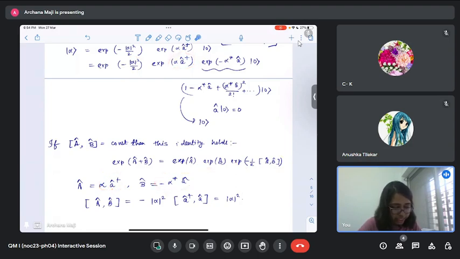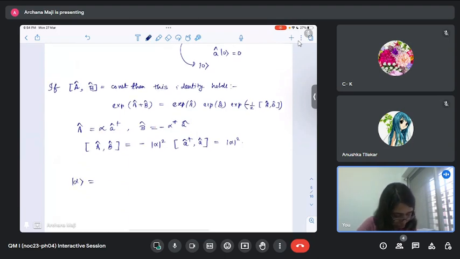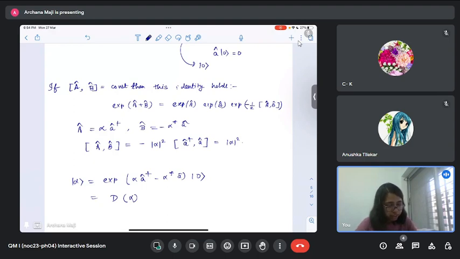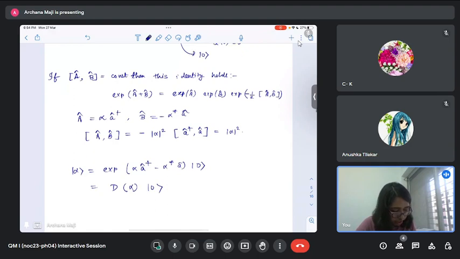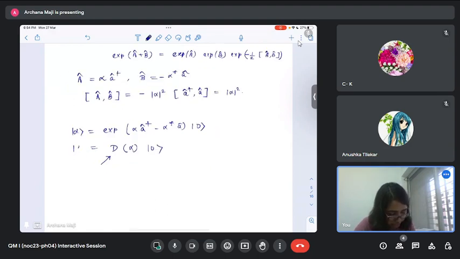Basically these three terms you can write as exponential of (alpha a dagger minus alpha star a) on vacuum. The nomenclature for this term is D of alpha. This is called the displacement operator. It displaces the vacuum state by alpha.